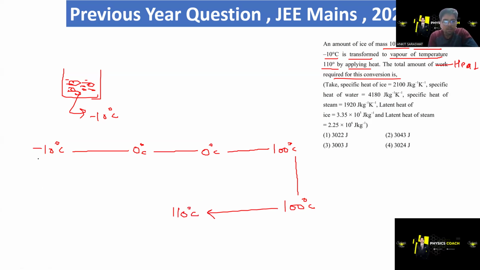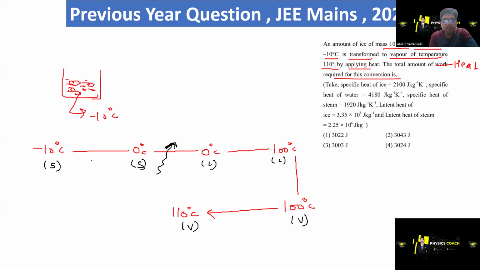So I will also write minus 10 here, solid ice. Here the entire solid converts into liquid when we supply heat that changes the phase. Again here, the entire liquid is converted to vapor. Here also vapor.